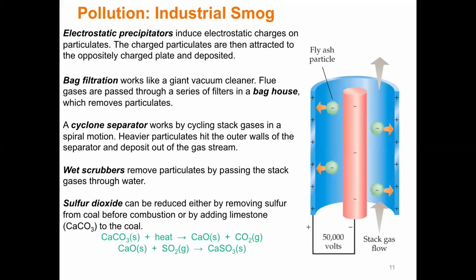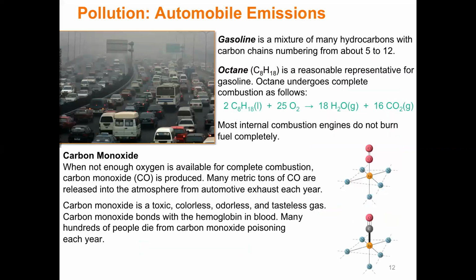So there's different ways of doing that. So electrostatic precipitators, bag filtration, cyclones, wet scrubbers, I think those make sense. And then of course, trying to get rid of it before you actually use it. And that would be the last step there, okay? So there are ways of trying to mitigate that, but obviously it still comes.